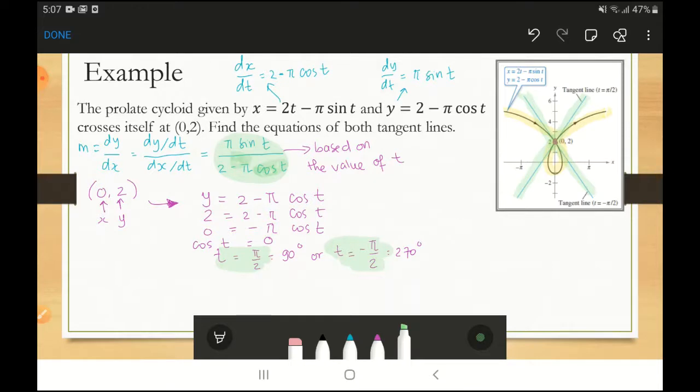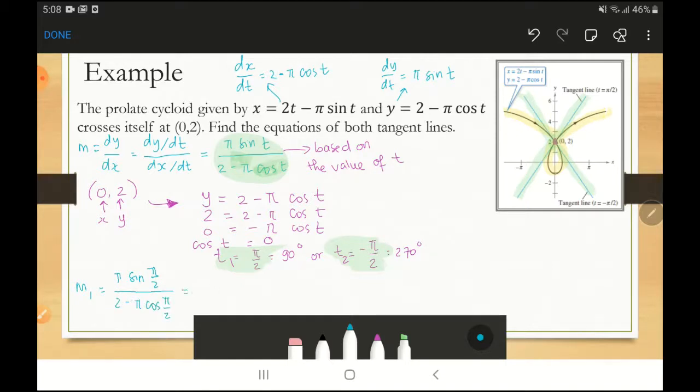Okay, so we already have our values of t, the first t and the second t. Let's make this t1 and let's make this t2. So our first slope m1 will be pi sin(pi over 2) over 2 minus pi cos(pi over 2).